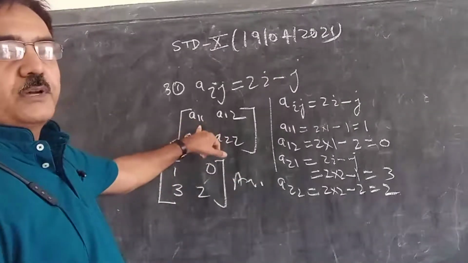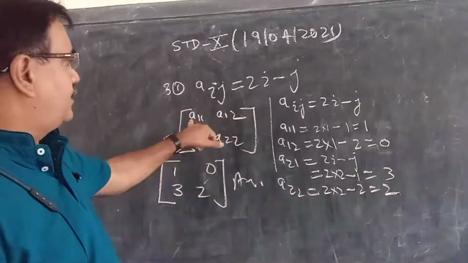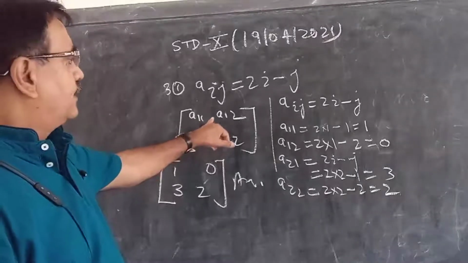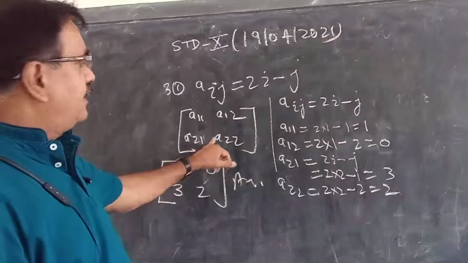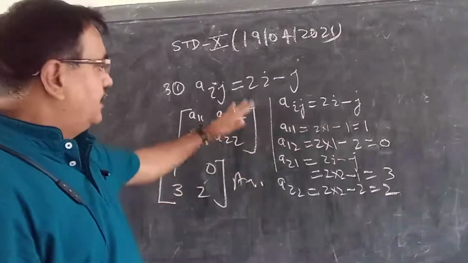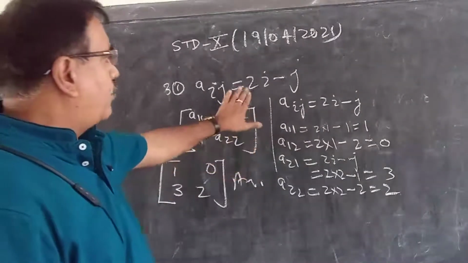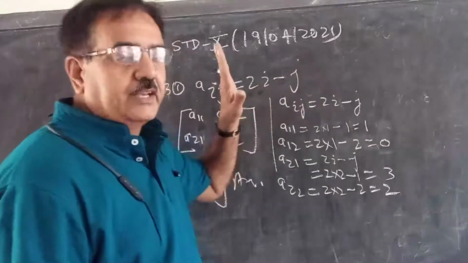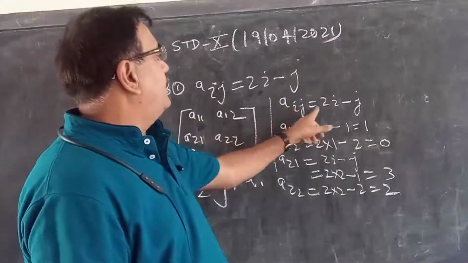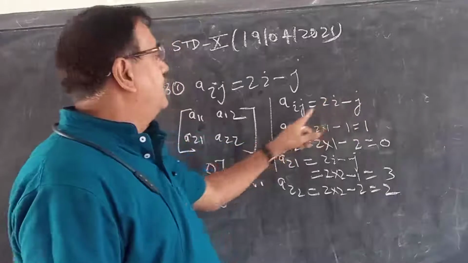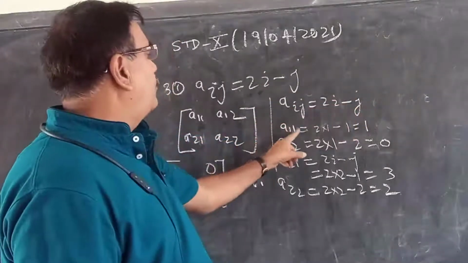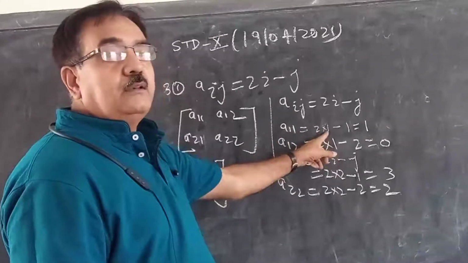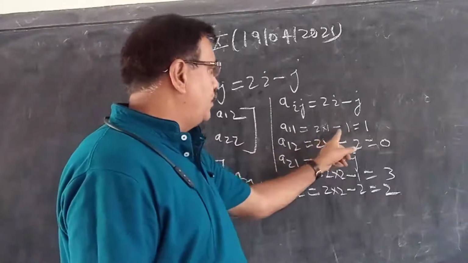A11 is first row, first column. I am taking this question on my own. First row, first column; first row, second column; second row, first column; second row, second column. These are the elements I have taken. Now the condition given is Aij is equal to 2i minus j, where i means row and j means column. A11: row is 1, column is 1, so 2 into 1 minus 1, that is 1.